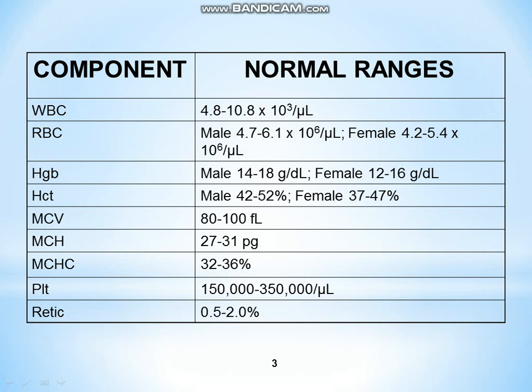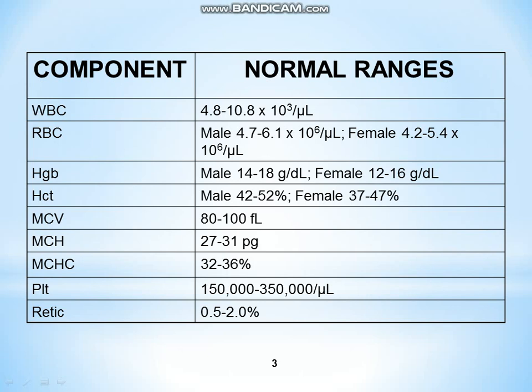Then comes the hematocrit. In case of males it is 42 to 52%, whereas in case of female it is 37 to 47%. Then comes mean corpuscular volume. The normal range of mean corpuscular volume is 80 to 100 femtoliter. Mean corpuscular hemoglobin is 27 to 31 picogram.